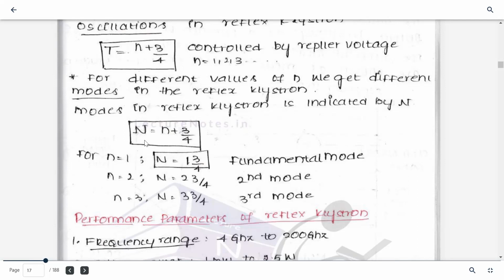For n = 1, T should be 1 3/4, that is the fundamental mode. In the second mode, n is 2, so 2 3/4, and for the third mode, n is equal to 3, so 3 3/4.